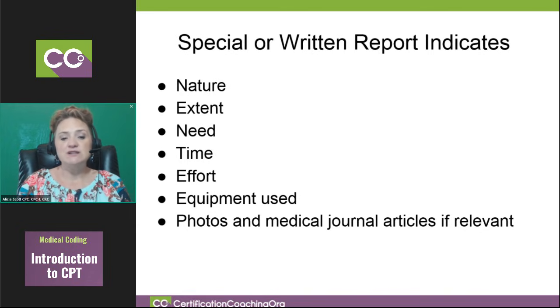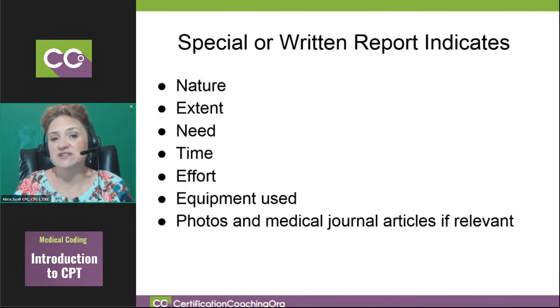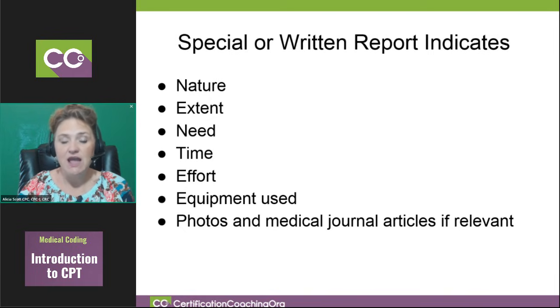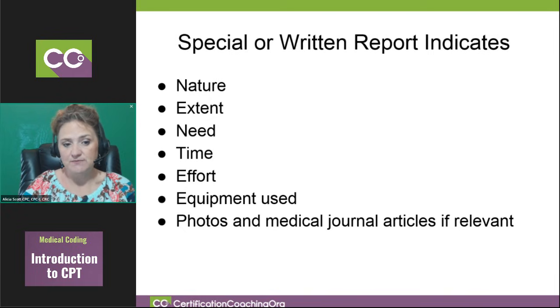Special or written reports. If you need to send in a special report because you use modifier 62, for example, then the information that needs to be on the report is the nature of the procedure that was being done, the extent, the need and medical necessity, how much time it took, what additional effort was required, and any specific equipment that was used.